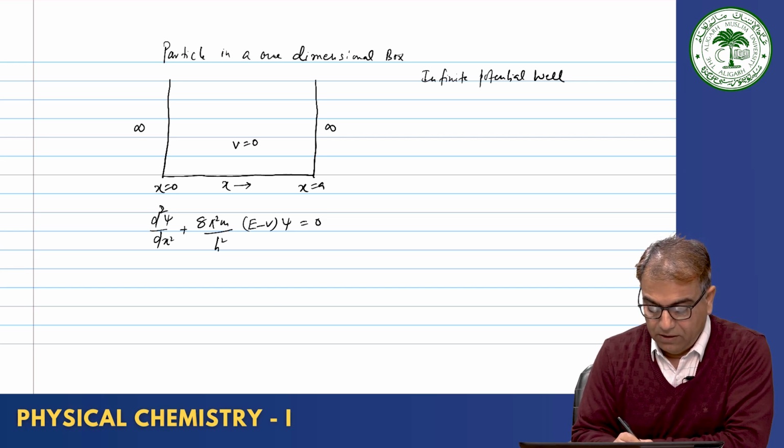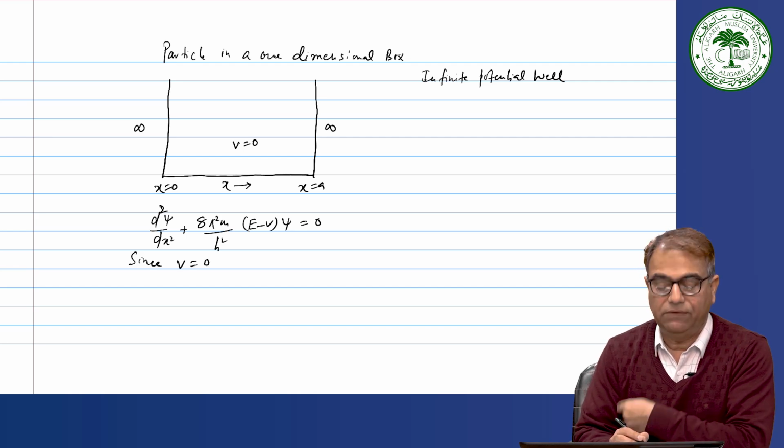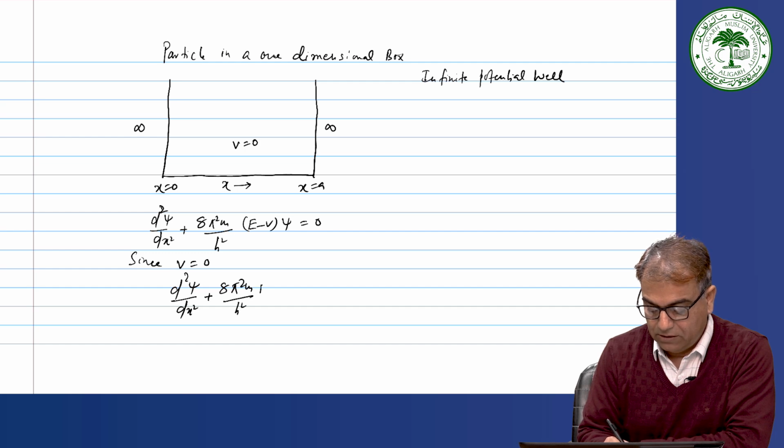Okay. So, since V, the potential energy, is equal to 0, your equation will be d square psi by dx square plus 8 pi square m by h square E psi is equal to 0.